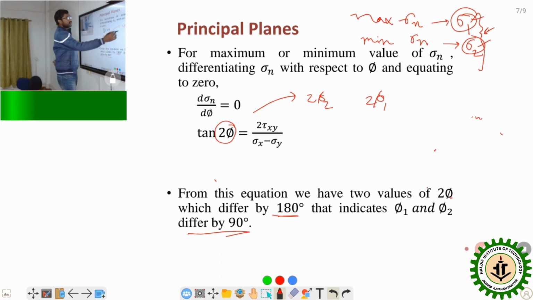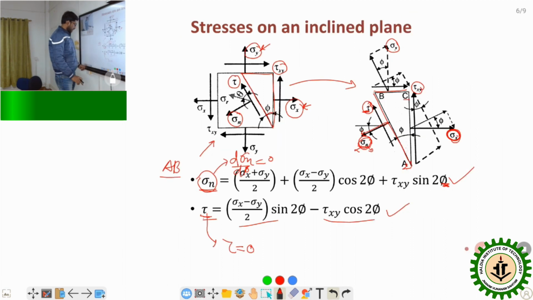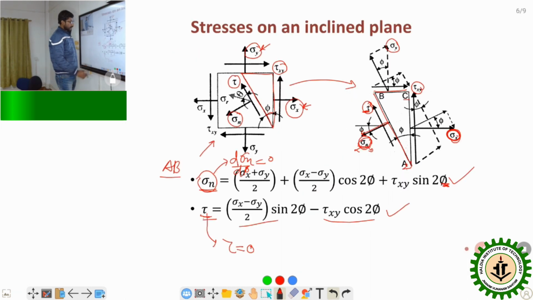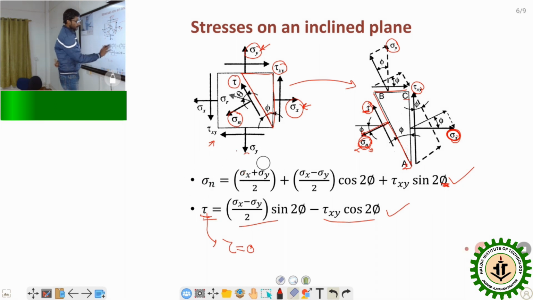So from this 2 phi 2 and 2 phi 1, in the expression of sigma n and tau, there are sine 2 phi and cos 2 phi.